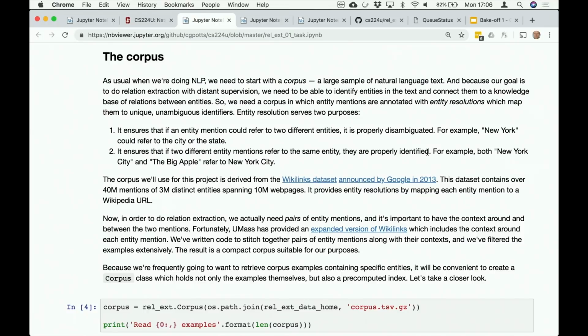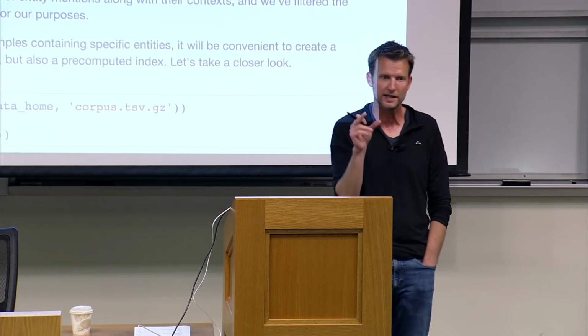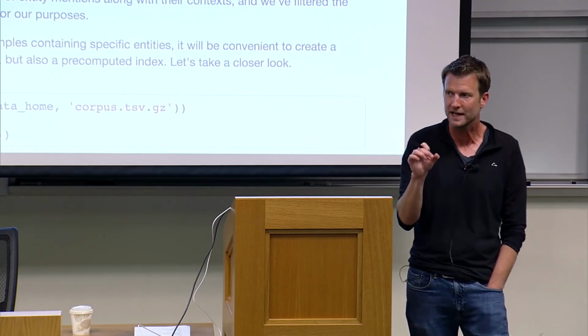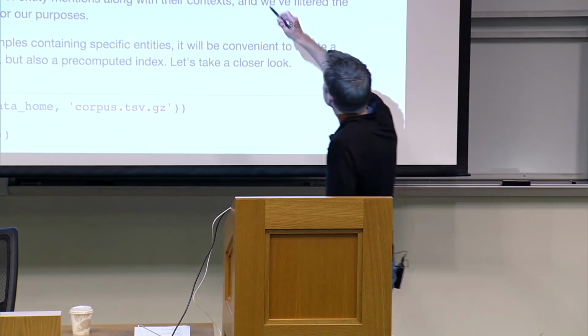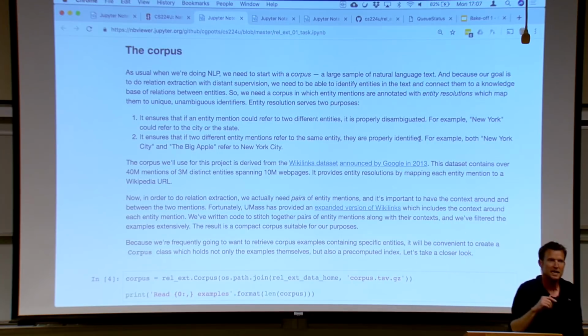Making the identifiers unique and unambiguous kind of solves two problems. One is the problem of polysemy, which is when one word or one phrase can mean two different things. So the example here is New York. New York can mean New York State or New York City. If I've done entity resolution correctly, those will map into two different unique identifiers.